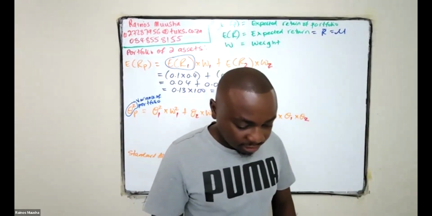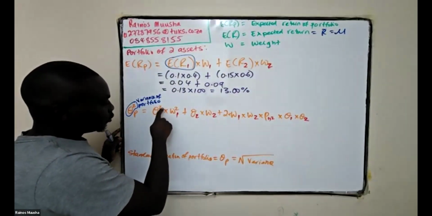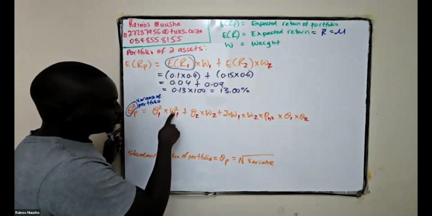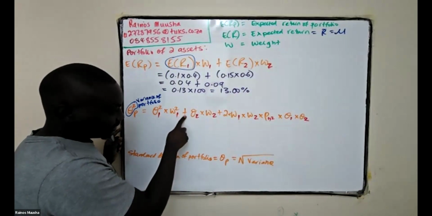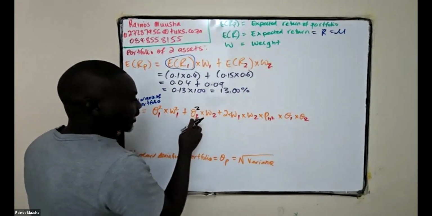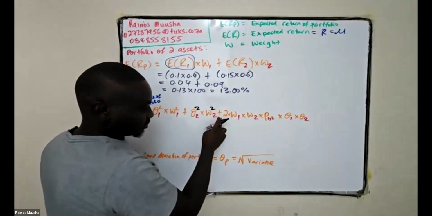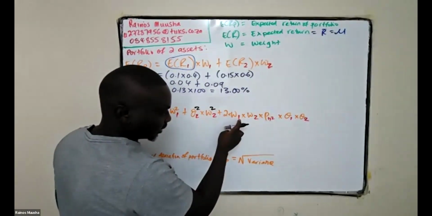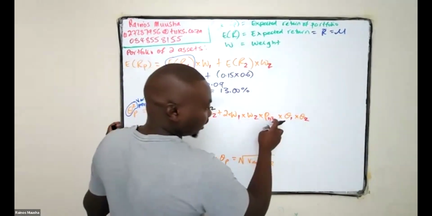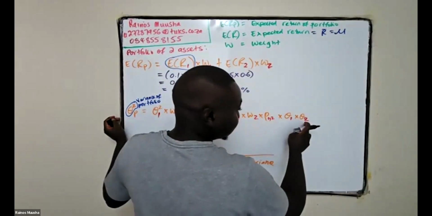Now remember, the variance of a portfolio is given as the standard deviation to the power of 2 of asset 1 multiplied by the weight to the power of 2 of asset 1, plus the standard deviation squared of asset 2 multiplied by the weight of asset 2 squared, plus 2 multiplied by the weight of asset 1 multiplied by the weight of asset 2 multiplied by the correlation coefficient of asset 1 and 2 multiplied by the standard deviation of asset 1 multiplied by the standard deviation of asset 2.